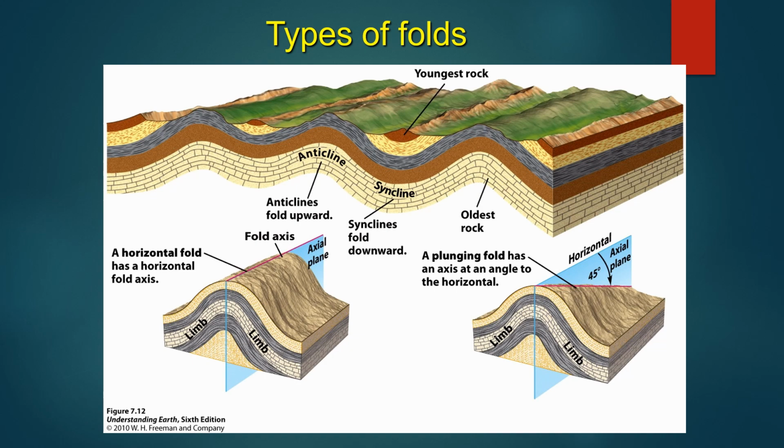A symmetrical horizontal fold has a horizontal fold axis and a vertical axial plane with limbs dipping symmetrically away from the axis. If the axis is not horizontal, it is called a plunging fold.